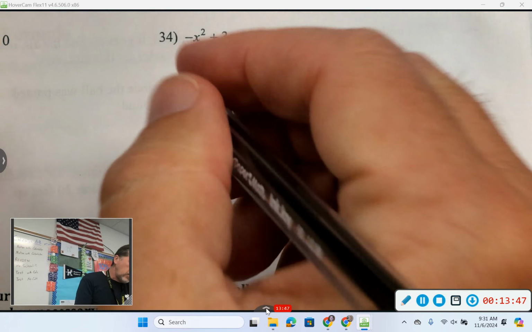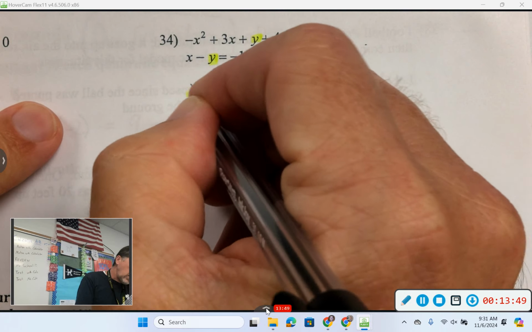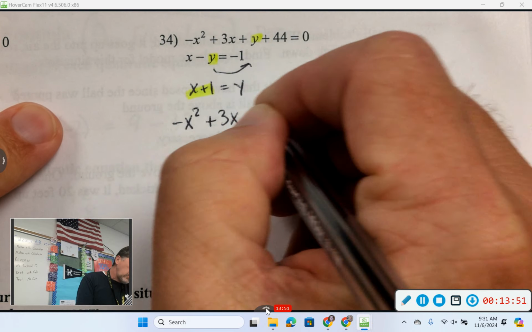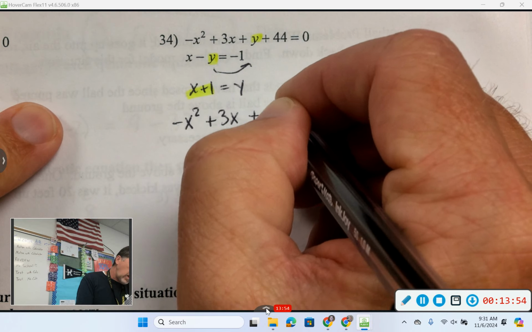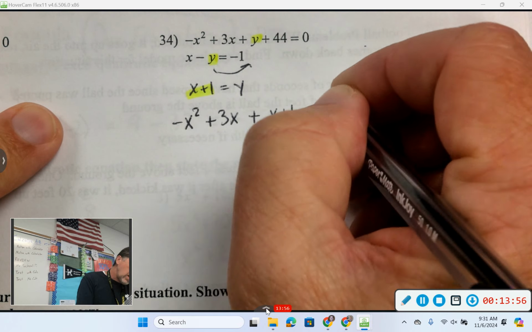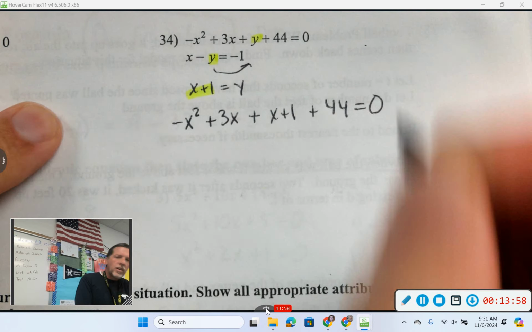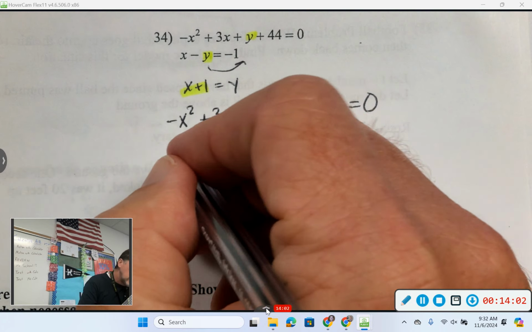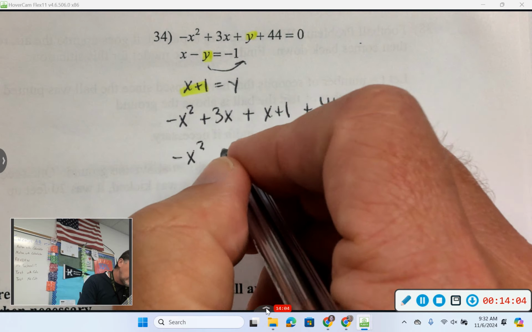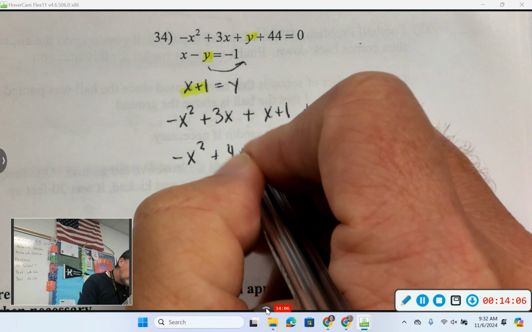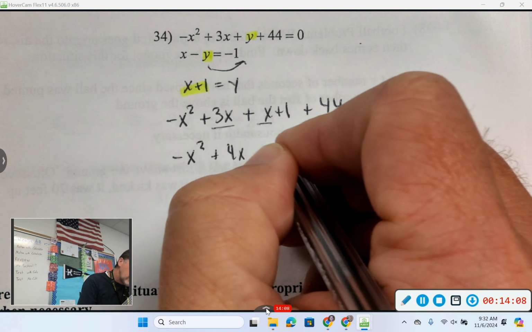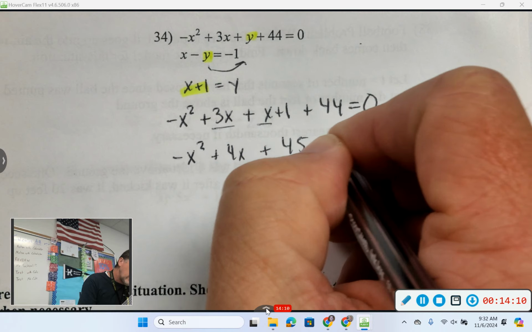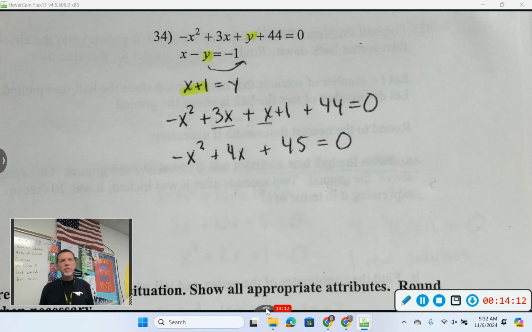So in place of y goes x plus 1. Negative x squared plus 3x plus x plus 1 plus 44 equals 0. So negative x squared plus 4x plus 45 equals 0.